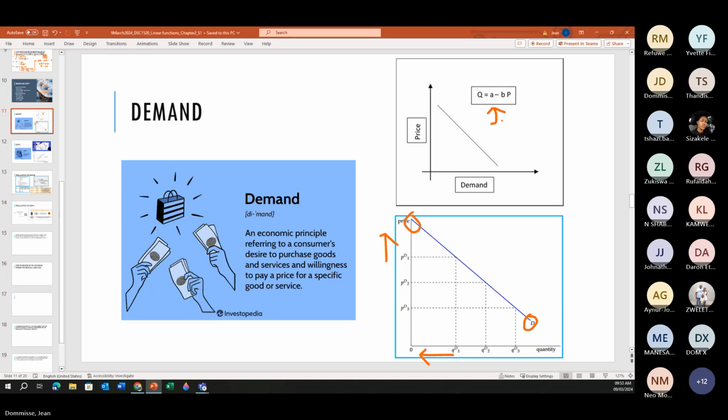Now again, there are different ways of writing that demand function.